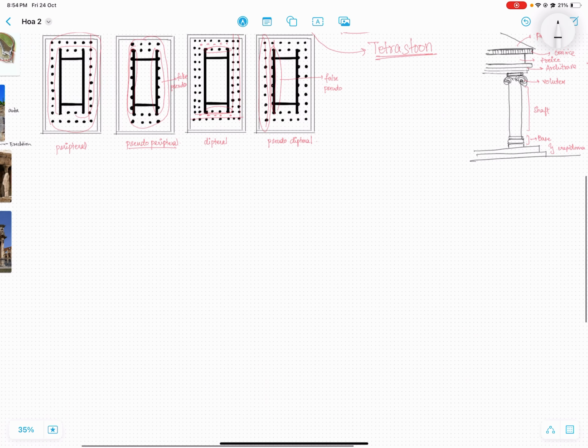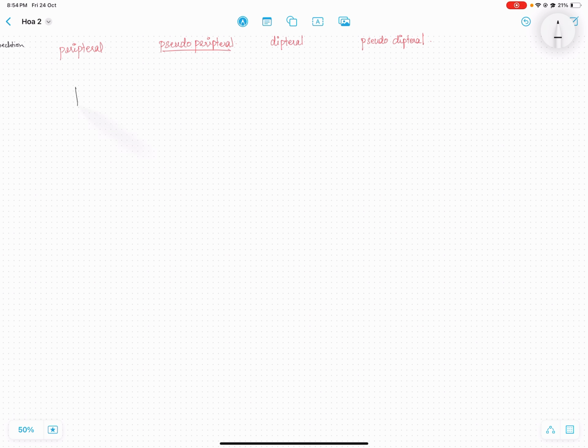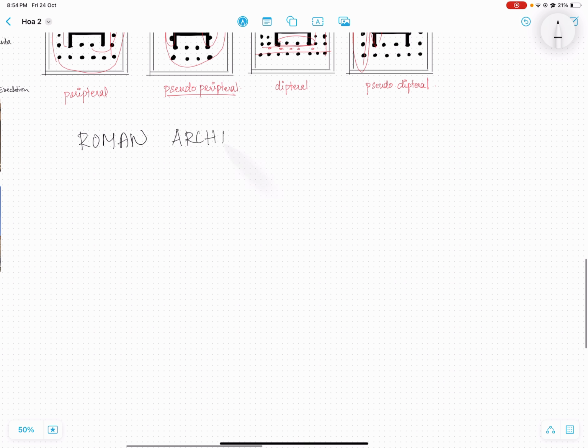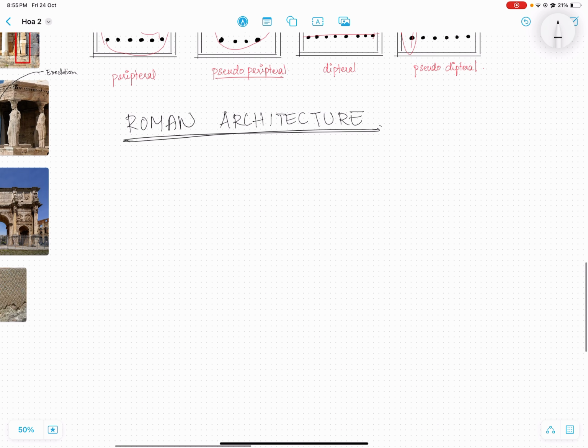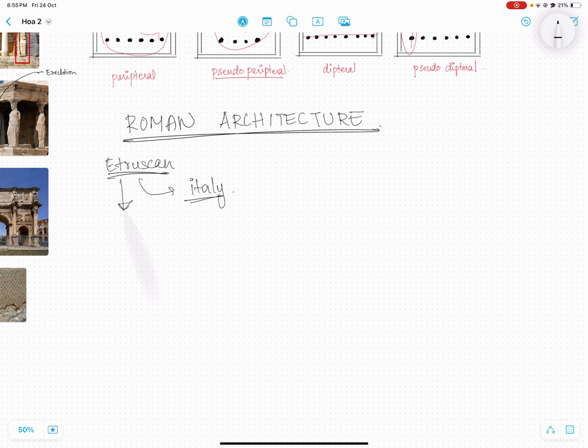Now we'll move on to Rome. So initially they had Etruscan, and they mostly occupied Italy, and most of their construction was made of timber.